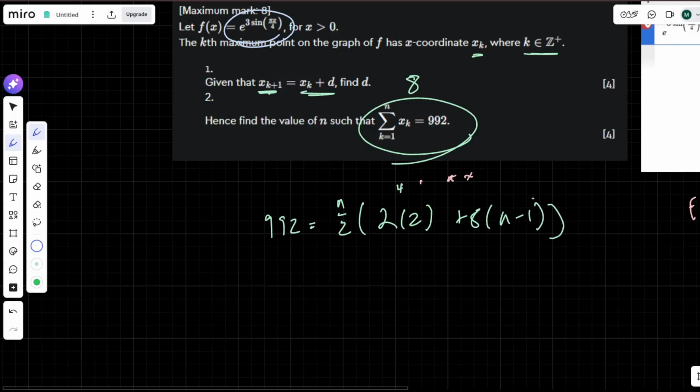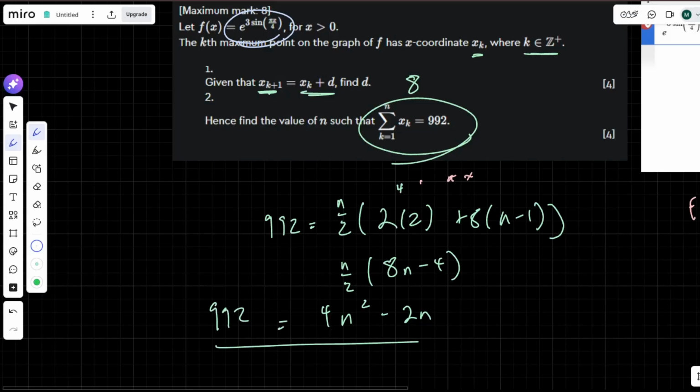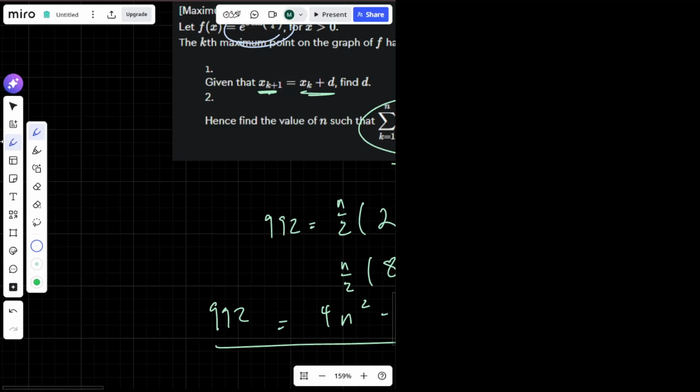And we can work this out. This is 4, and that's going to be minus 8, so we're going to have 8n minus 4 in here, and n over 2. Then we're going to have 4n squared minus 2n, and this is going to equal 992. And at this point, honestly, you could have done this earlier, but we have a calculator, so I'm just going to graph this.